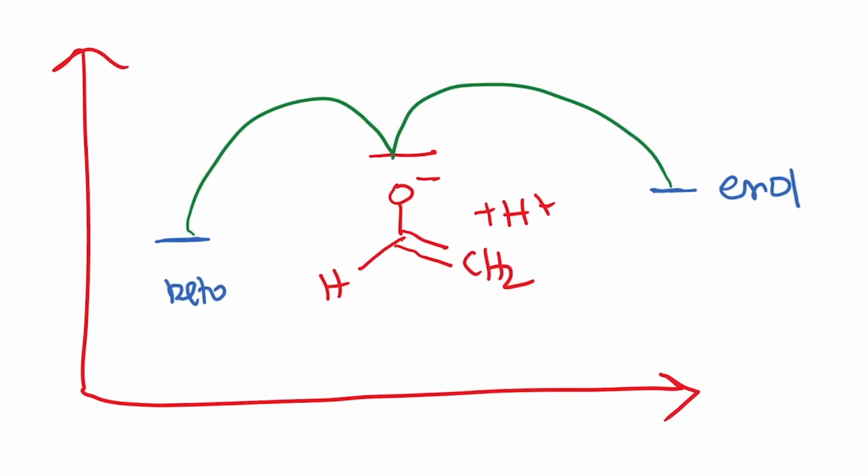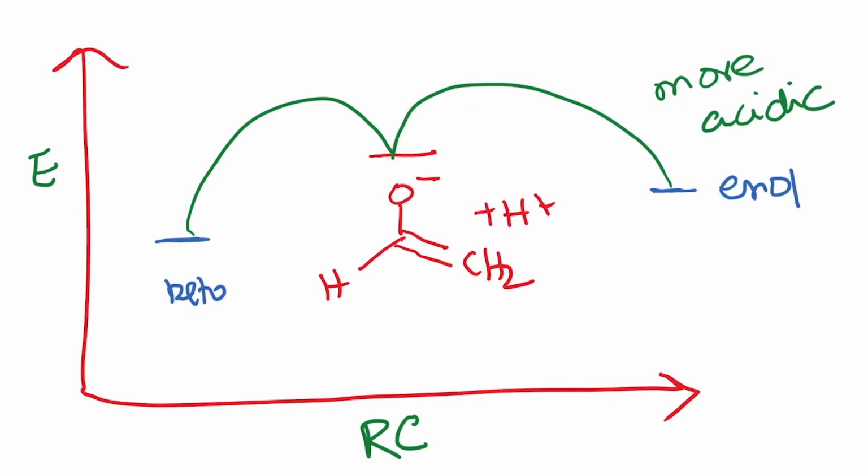Therefore, if you look at this structure over here, we can reliably deduce that the enol is more acidic. Between the keto and enol, because the enol is inherently more unstable, the reaction of the enol to give you the enolate is going to be more facile, and therefore the enol is going to be more acidic compared to the keto form.